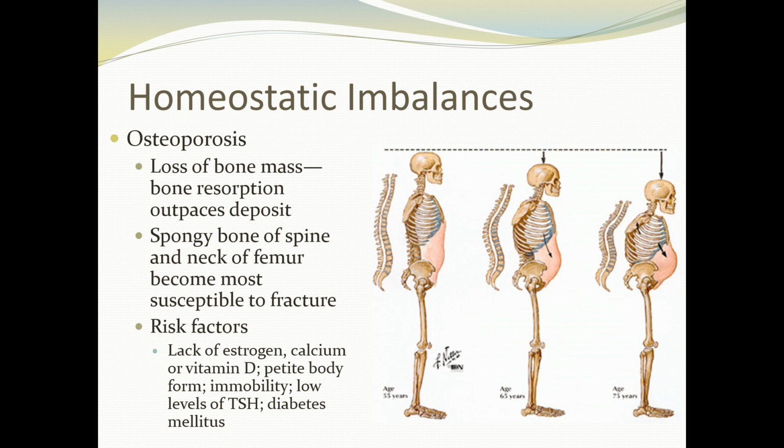So risk factors are a lack of estrogen, calcium or vitamin D, a petite body form, immobility, low levels of thyroid stimulating hormone, and the presence of diabetes. Osteoporosis is more likely to affect women than men because after menopause, women will drastically lose their estrogen, whereas estrogen levels stay steady, if not increase, in men as they age.